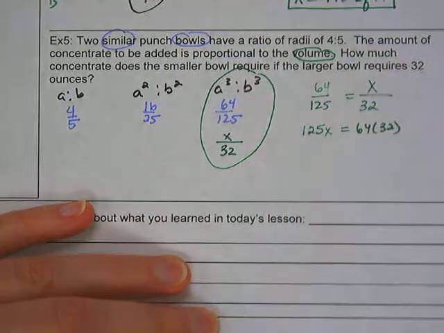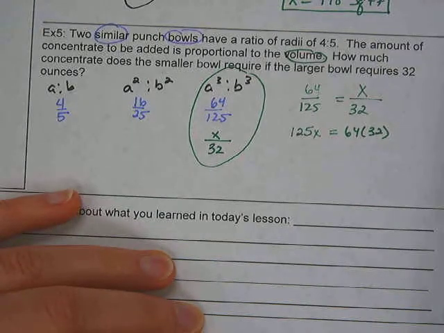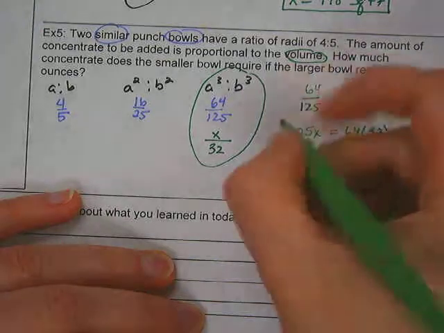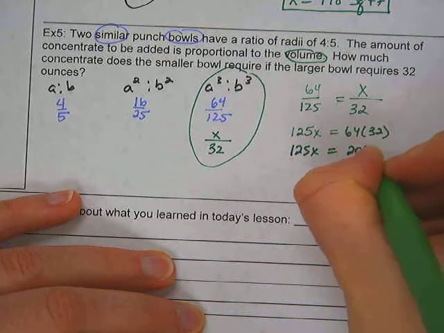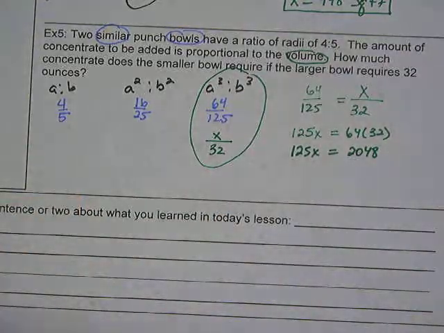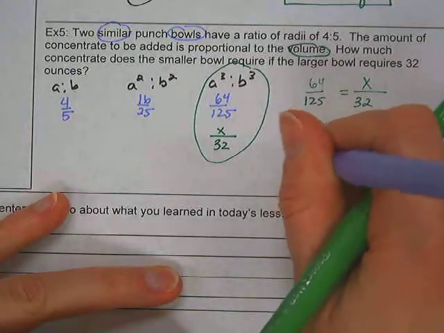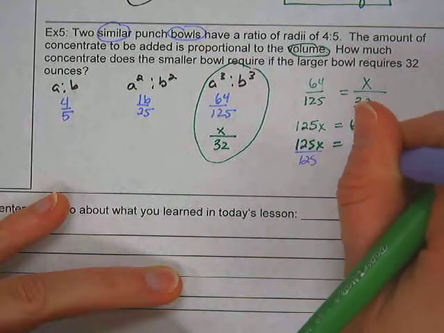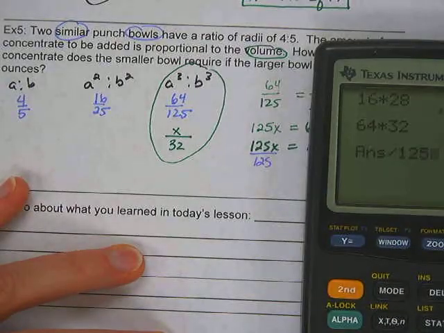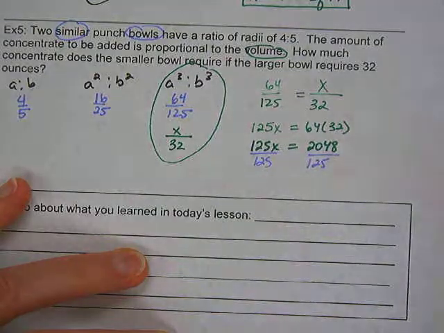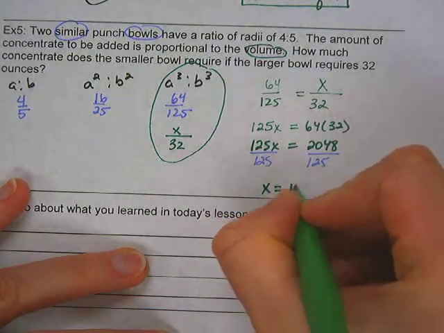So I have 64 over 125, and that equals x over 32. So I'm now going to cross multiply to solve for x. So I have 125x is equal to 64 times 32. So 125x is equal to 2048.